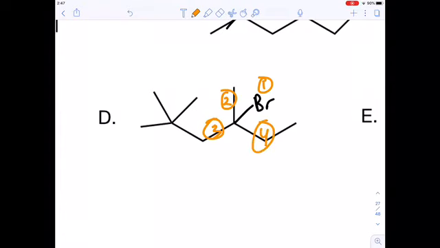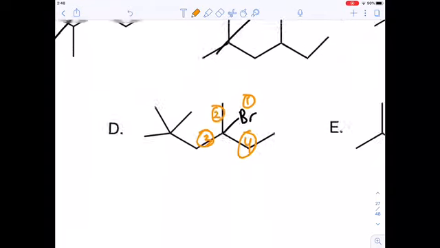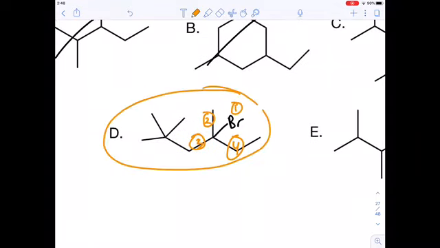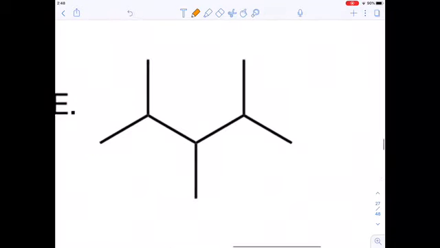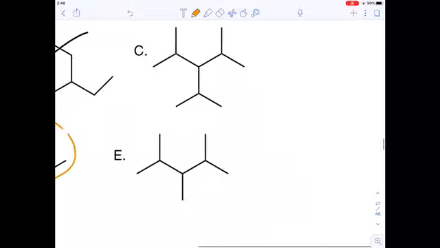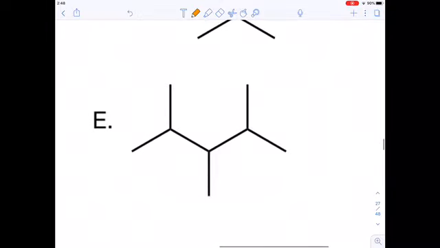You have one unique group, the Br, the second unique group is the methyl, the third unique group is the chain on the left, and the fourth unique group is the ethyl, or the chain on the right. So that means this will be a chiral center, and the Br can add on both a wedge or a dash. So you'll only get one product that's a pair of enantiomers. Technically two products, because you'll get the Br on the wedge and the dash, but one chiral center in your product. So D is going to give you the pair of enantiomers from one product.